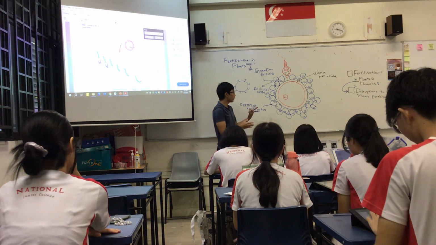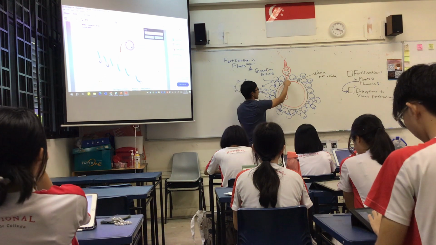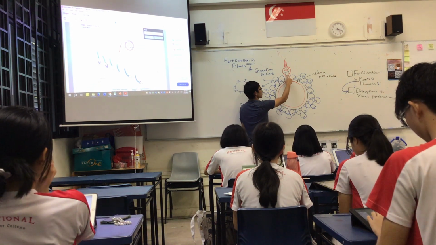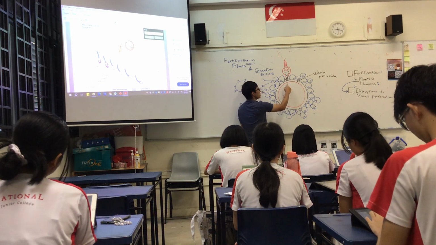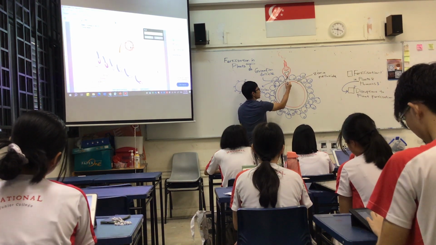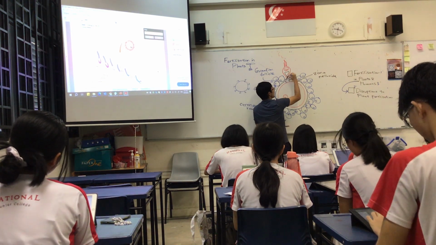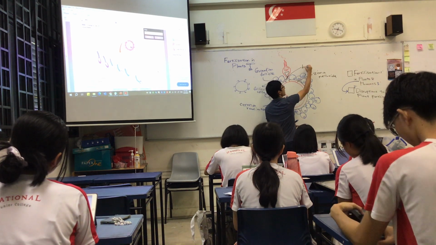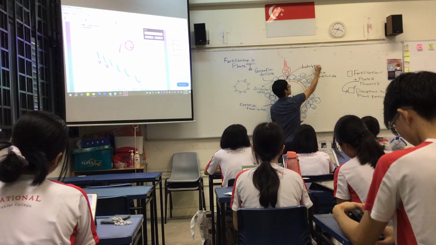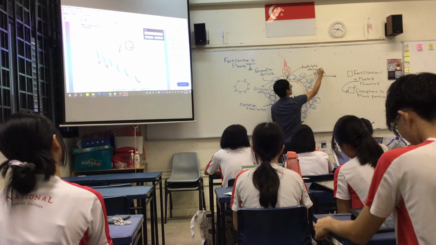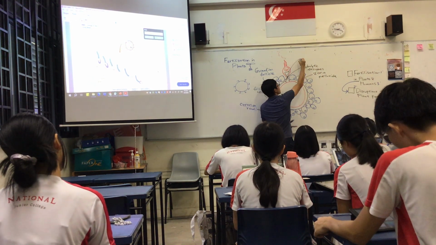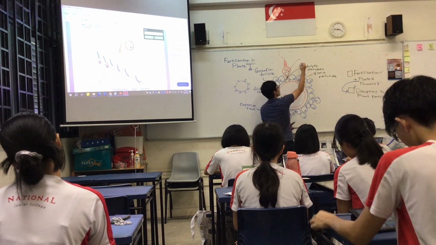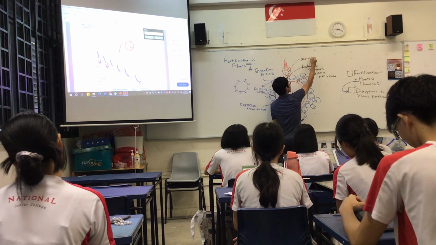The only way for the sperm to pass through is if it releases enzymes to digest this layer. These are hydrolytic enzymes, and you find these enzymes stored within this vesicle called the acrosome.